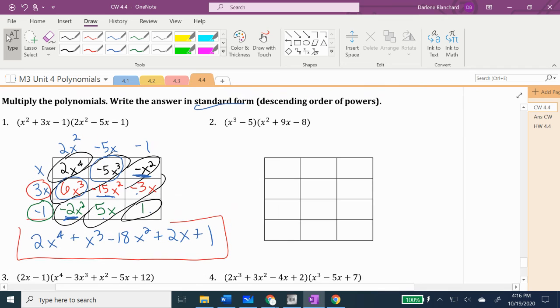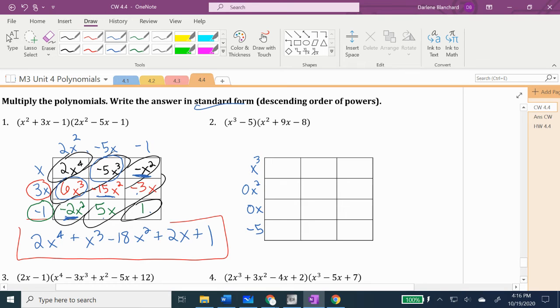Next, you do not have to line things up the way I'm about to show you, but it is helpful so that you can do these diagonals of adding like terms the way that I just discussed. So when I write x cubed minus 5, I'm going to write x cubed plus 0x squared plus 0x minus 5.